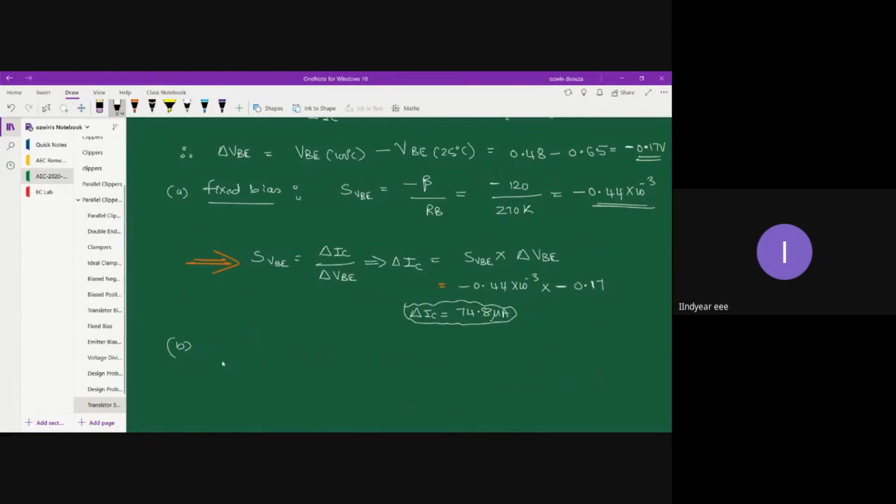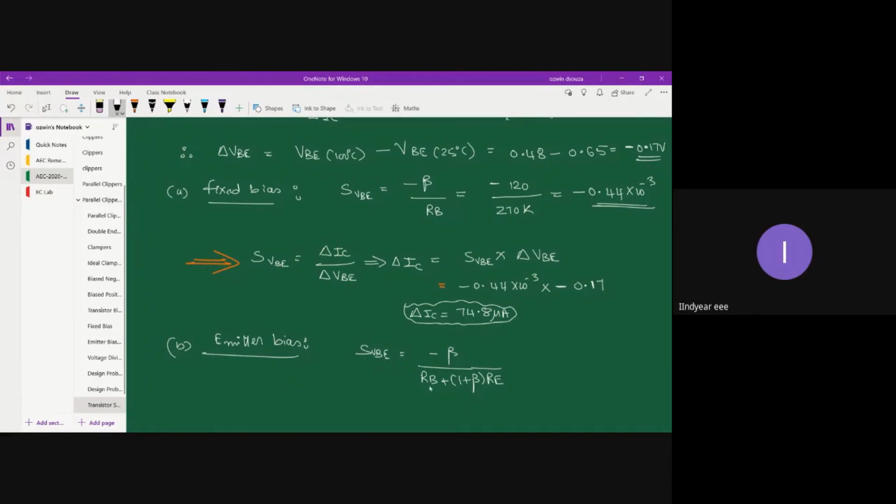Once fixed bias is done, let's go in sequence. Emitter bias. Now, in case of emitter bias, SVBE is minus beta divided by RB plus 1 plus beta times RE. You see, you don't have to learn it by heart. In fixed bias, there is no emitter resistor, hence there is no RE.